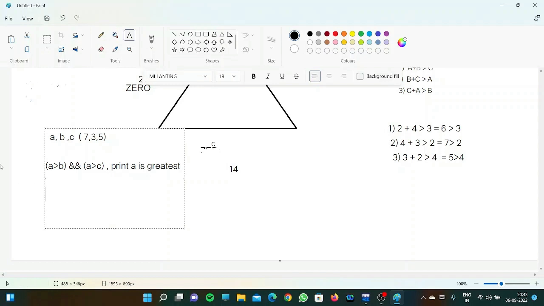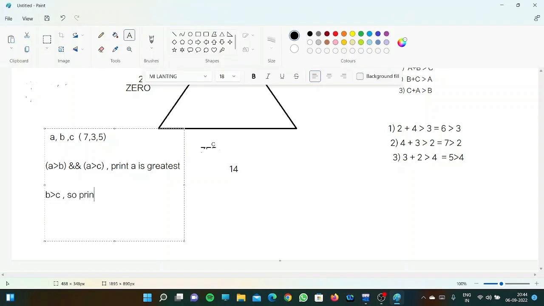Now you know that A is greatest. Okay. The next condition that you'll check is whether B is greater than C. So is B greater than C? No, B is 3 and C is 5.